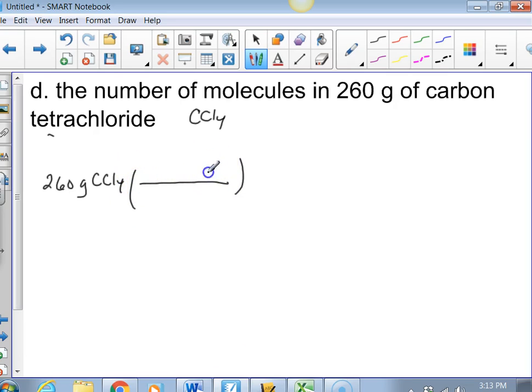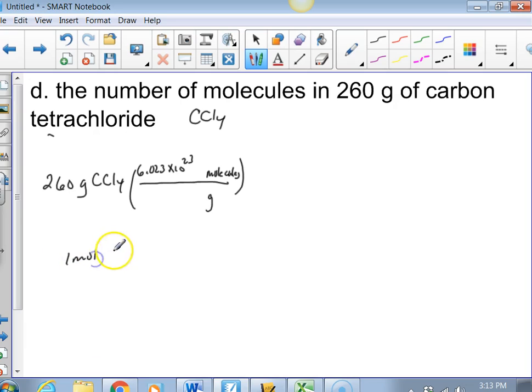And we want to know a number of molecules. To find that, we have to cancel gram and go to molecules. Whenever we have particles, we always are going to put 6.023 times 10 to the 23rd in the conversion factor involving molecules. Mass comes from adding up the molar mass of the compound.